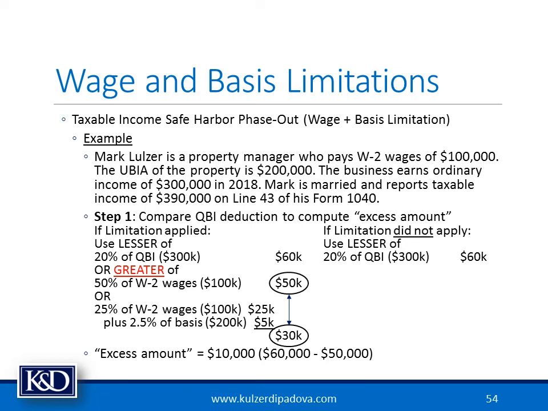Between those two, the greater is obviously $50,000, so we get to use that. That $50,000 would limit the QBI deduction because you get the lesser of those two. So your excess amount, meaning the amount that you would benefit if the limitations didn't apply, is $10,000. With the limitations, you only got 50. Without them, it'd be 60.